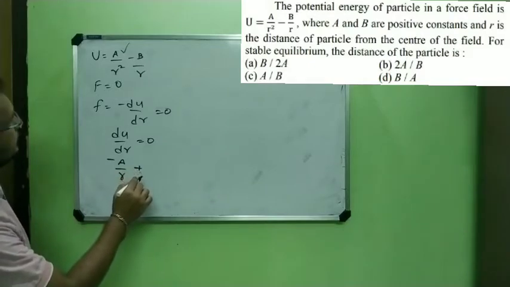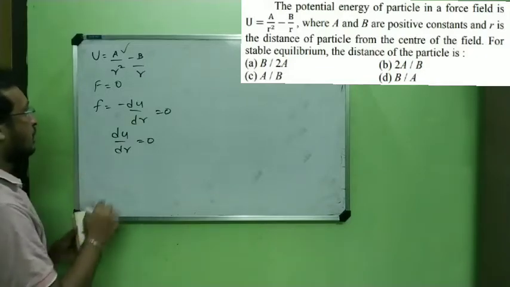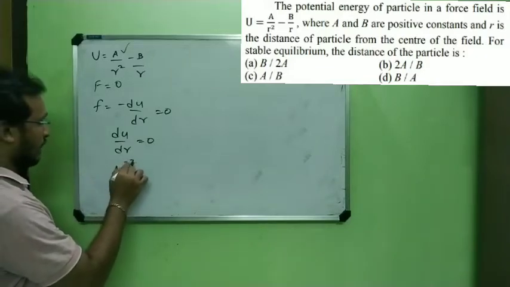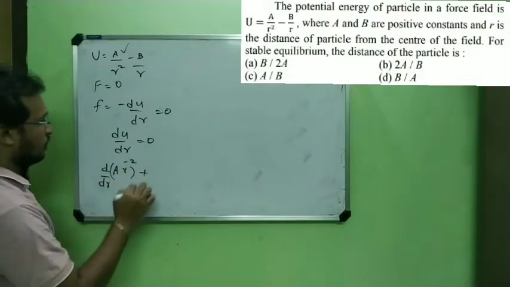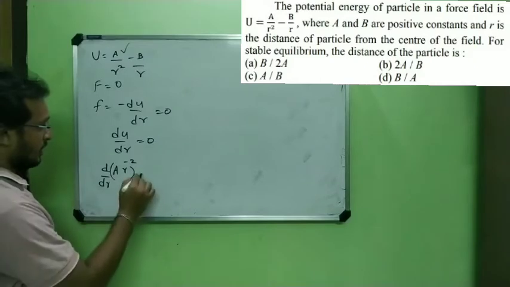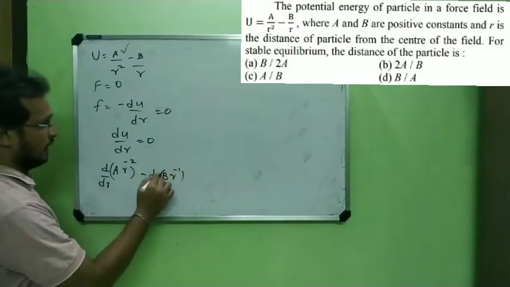Minus 2 minus 1, it is r cube. So d by dr of A into r raised to minus 2, minus d by dr of B into r raised to minus 1, equal to 0.